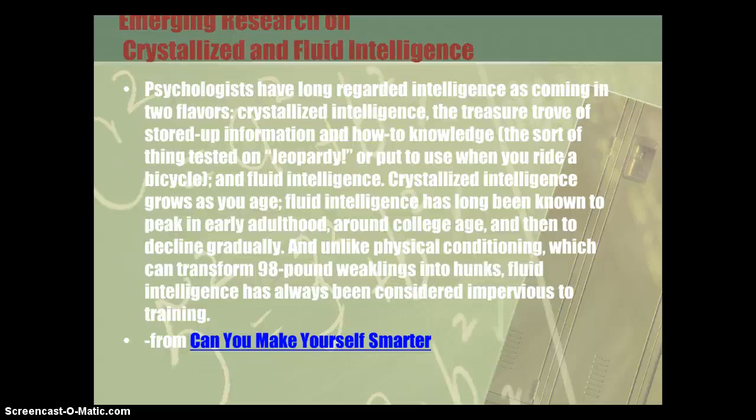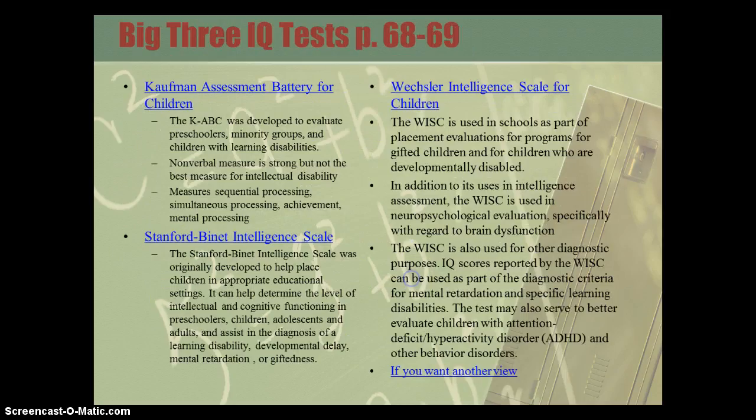Crystallized grows as you age. Fluid has long been known to peak in early adulthood, around college age, and then decline. Unlike physical conditioning that can transform a 98-pound weakling into a hunk, fluid intelligence has always been considered impervious to training.